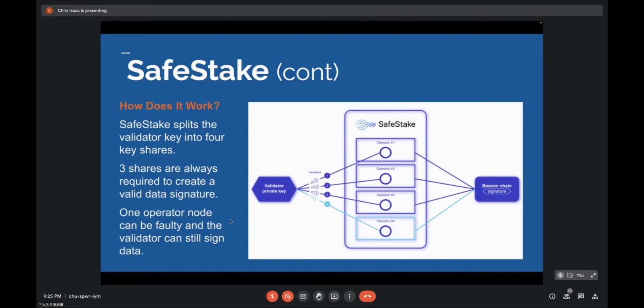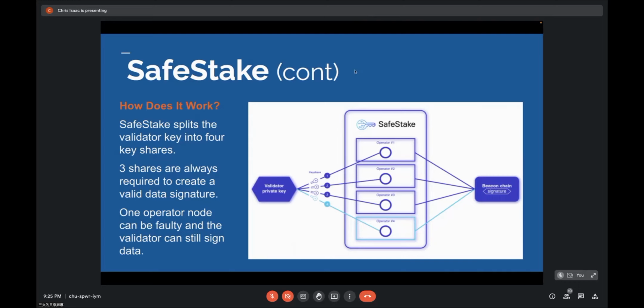Again, one operator node can be faulty, offline, compromised, or acting in a way it shouldn't, and the other 3 operators will step in automatically and take care of the validator duties, meaning it won't miss its duties and it won't be penalized.